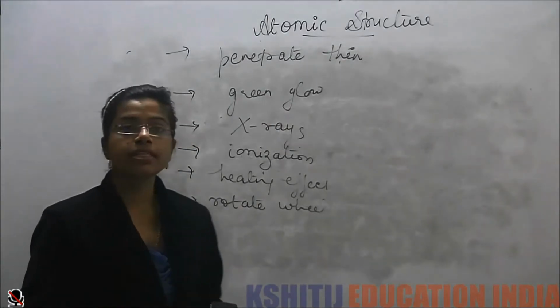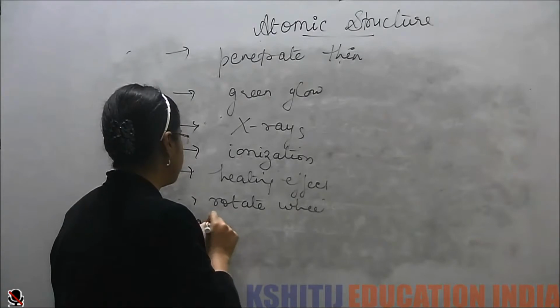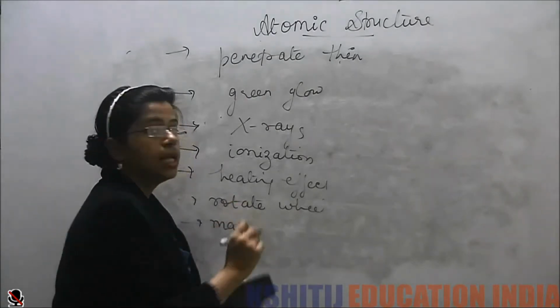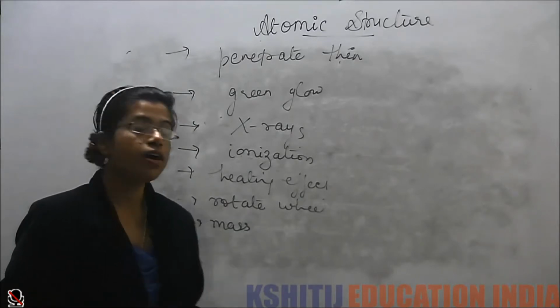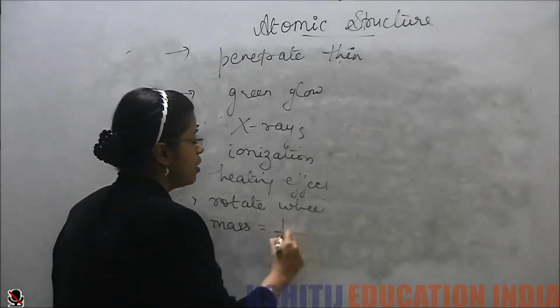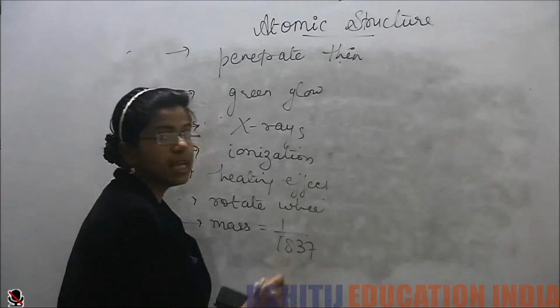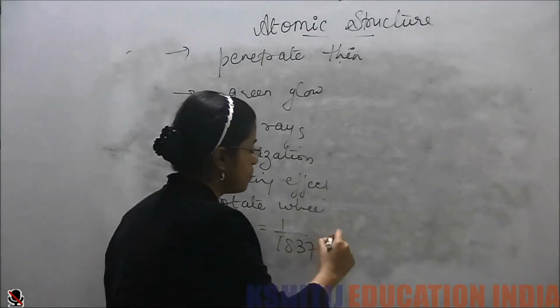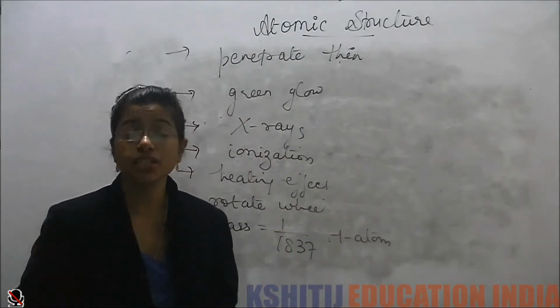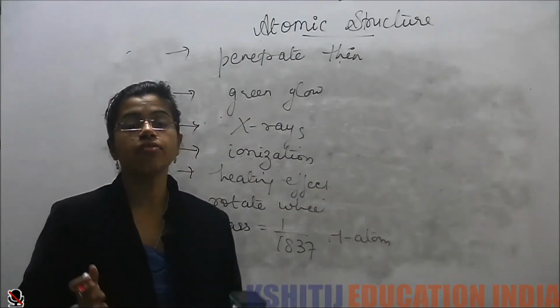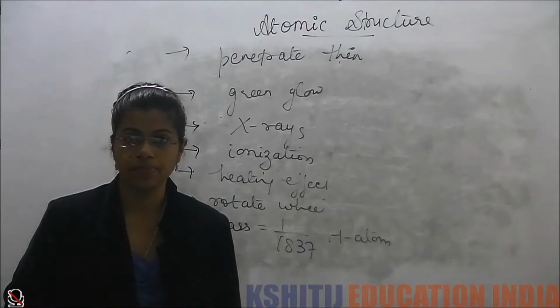Then, if we see their mass, the mass of the particle present in the cathode rays is found to be approximately 1 upon 1837 times that of a hydrogen atom, so the particle is of subatomic nature.